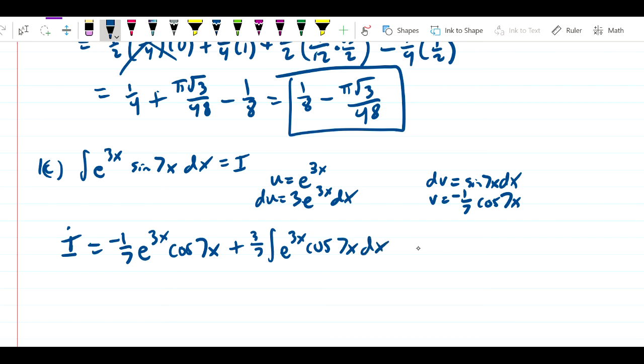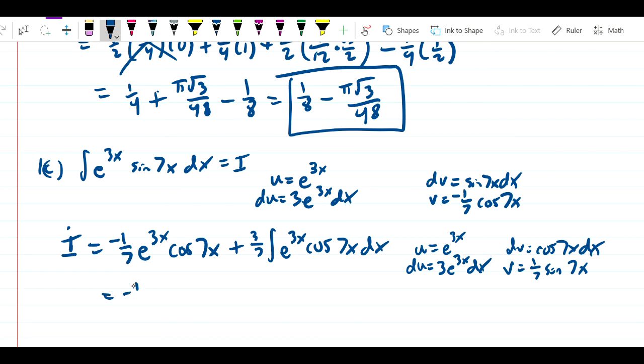All right, so we need to do this again. u is equal to e to the 3x, dv equals cosine 7x dx, so v equals 1/7 sine of 7x, and du equals, again, 3e to the 3x dx.